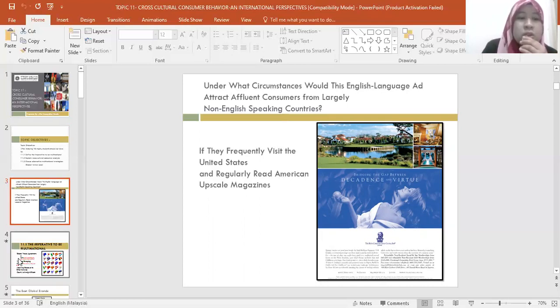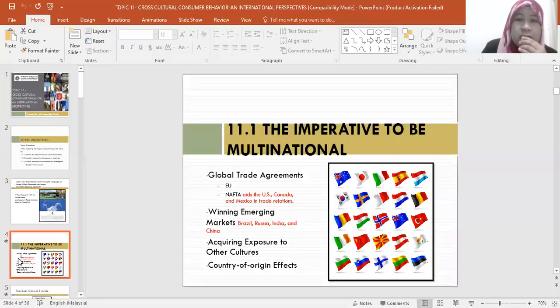All right. So the first one, the imperative to be multinational. What factor, what influence, what triggered going multinational? Number one is obviously global trade agreements. If you learn in my subject international business, we have the EU, European Union, and we have NAFTA.